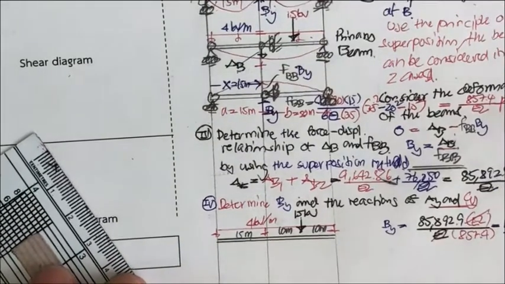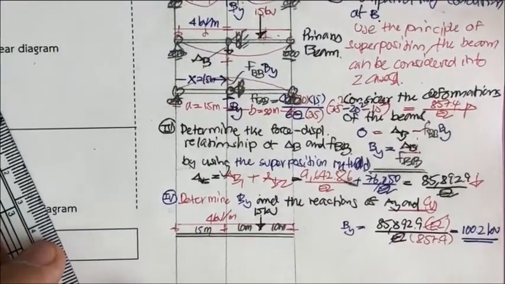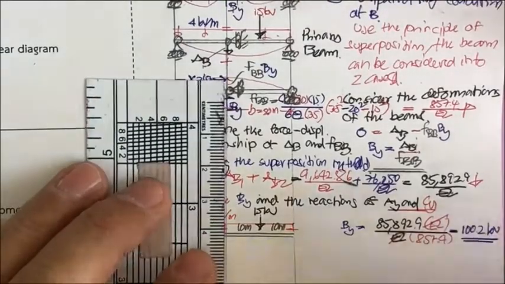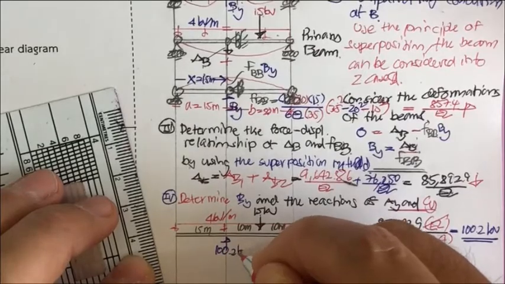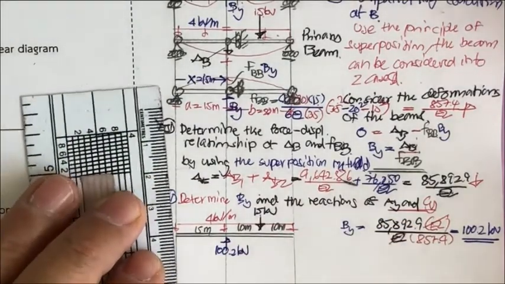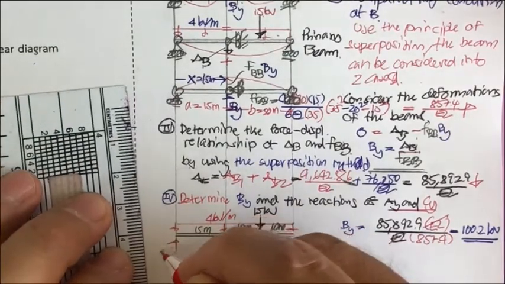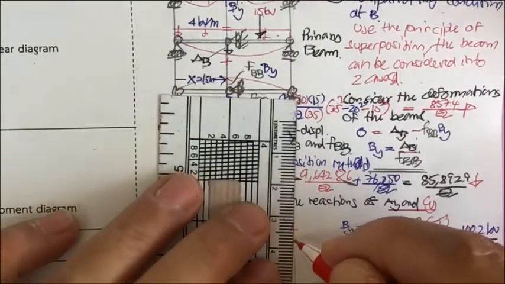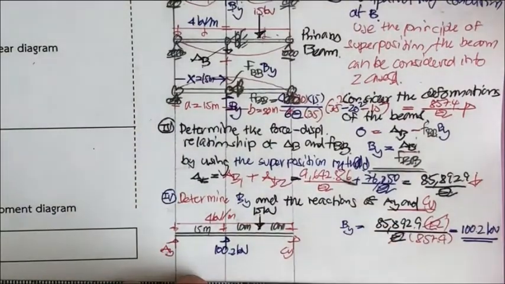What we have is, here is the B sub y, right? So let us move a little bit here to the position. This one is going to be 100.2 kilonewton, and we have this one for the A sub y, and this one for the C sub y.